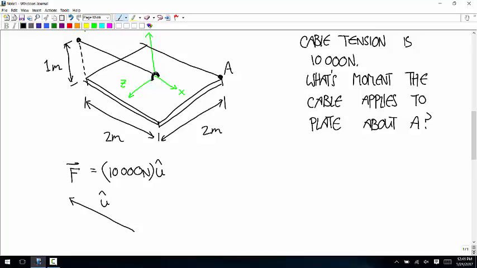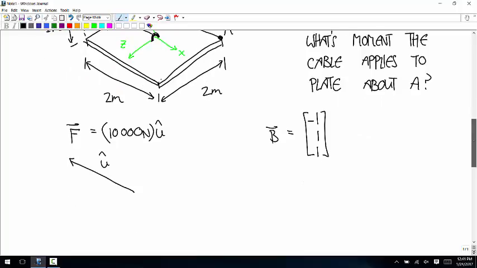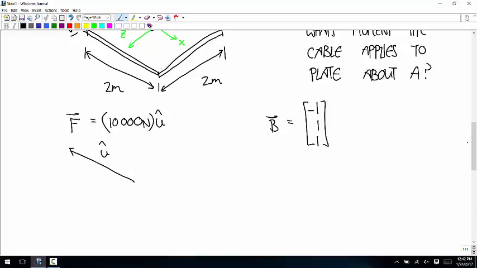Let me call this B. So B is equal to, yes, you have to go -1 in the x direction. How far in the y direction? 1 in the positive y direction. And then how far in the z direction? 1 in the positive z direction. And I'll call that my vector u.